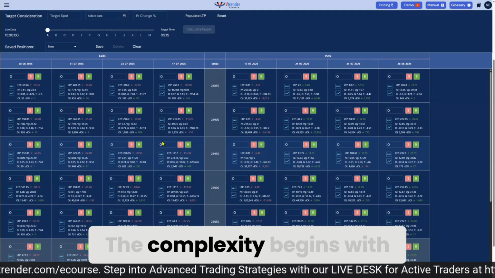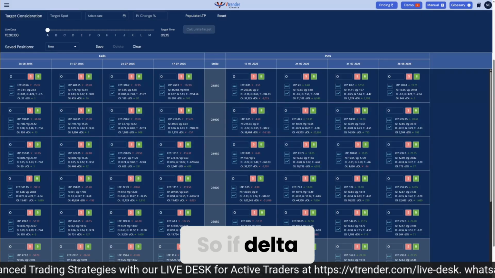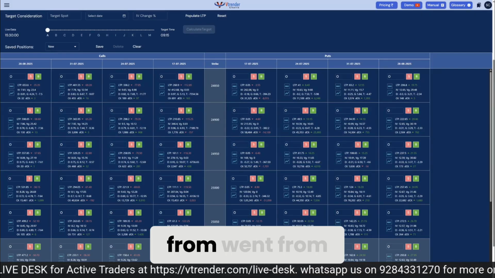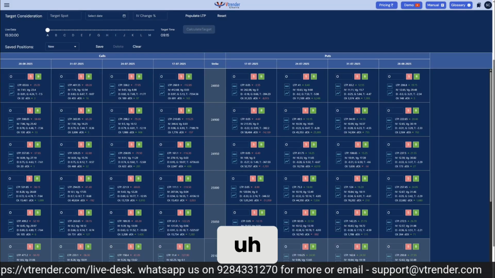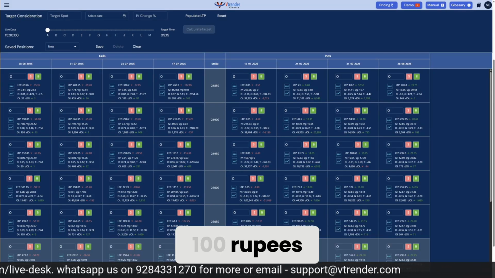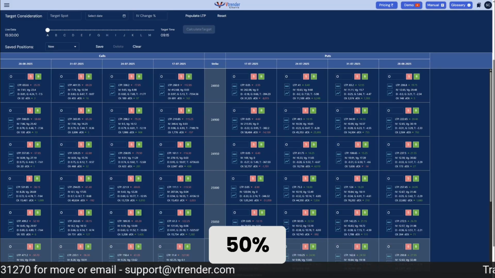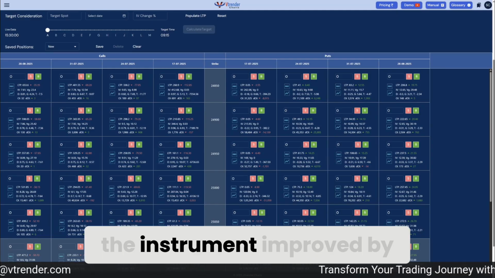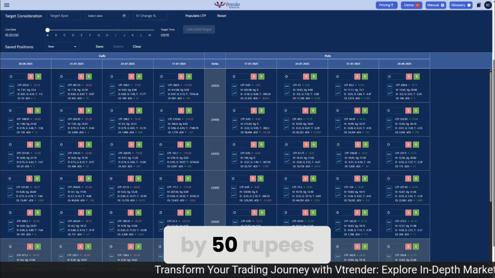The complexity begins with that move which happens. If the instrument improved by about 100 rupees, the option price increased by 50 rupees, 50% of that.